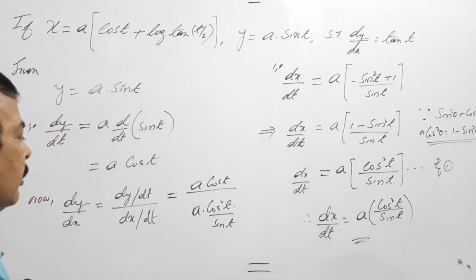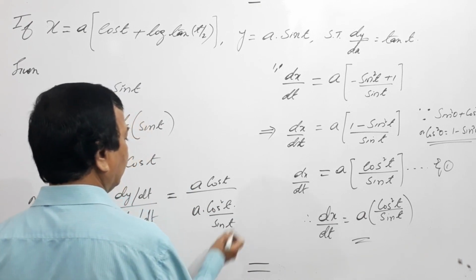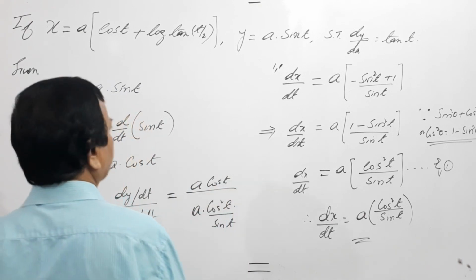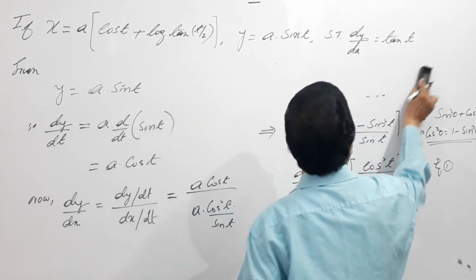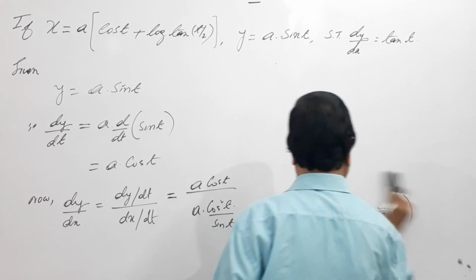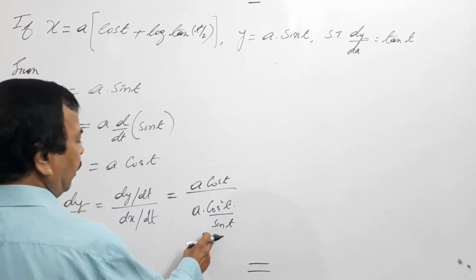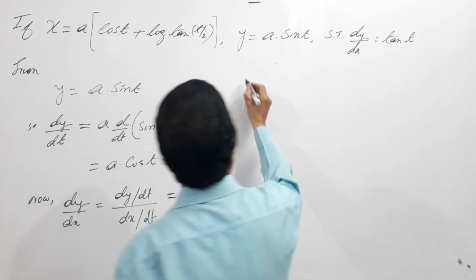Right. So here the denominator of the denominator goes to the numerator. So I rub this.